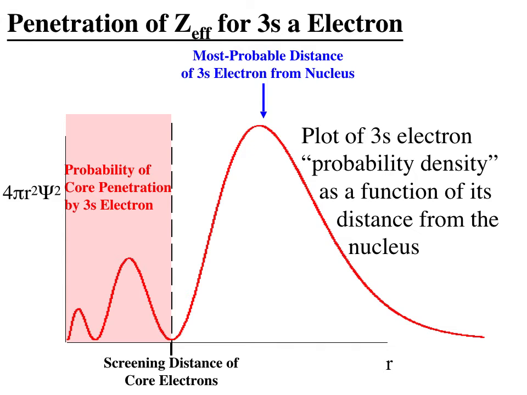So effectively, a 3s electron gets to feel a little more of the positivity of the protons in the nucleus.